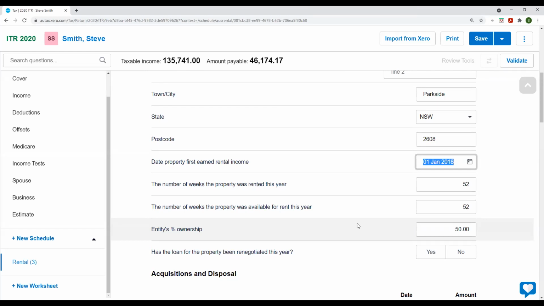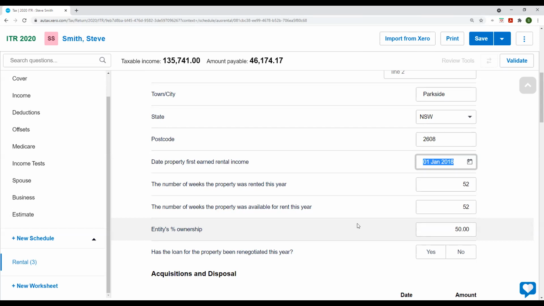So that's very clear, right? For an example, assume you are doing the tax return for the 17-18 tax year. Assume this client purchased this property on 1st of July 2017, and he rented it out on 1st of January 2018.